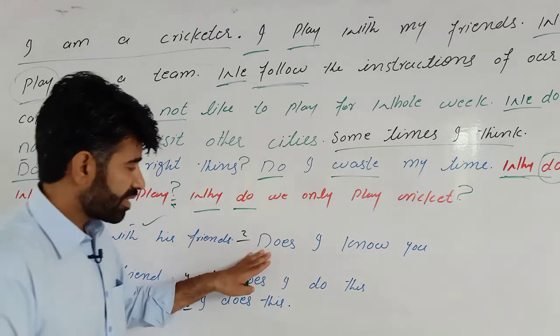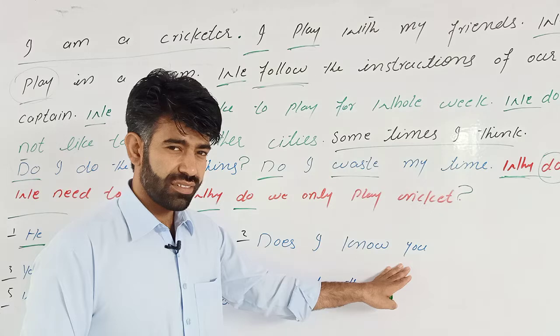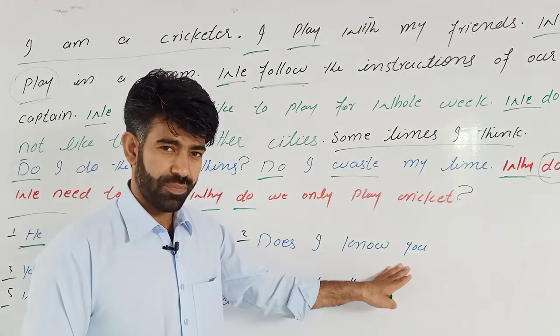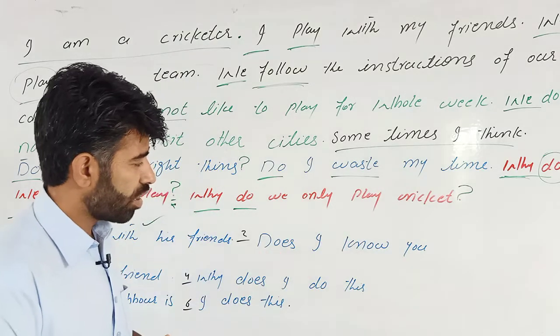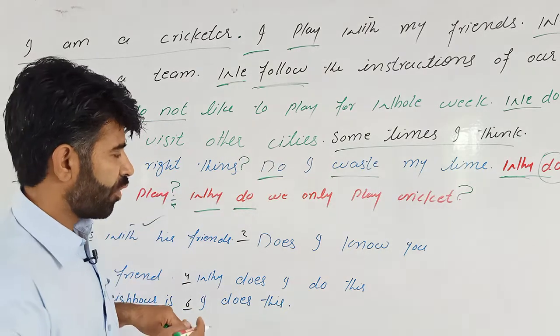And this is the second sentence. Does I know you? Is it correct? Think for a second. No, it is also not correct, because this is what we discussed a while ago.